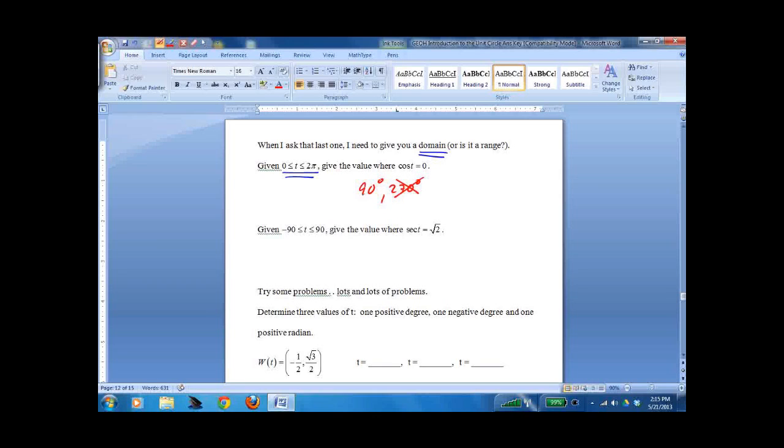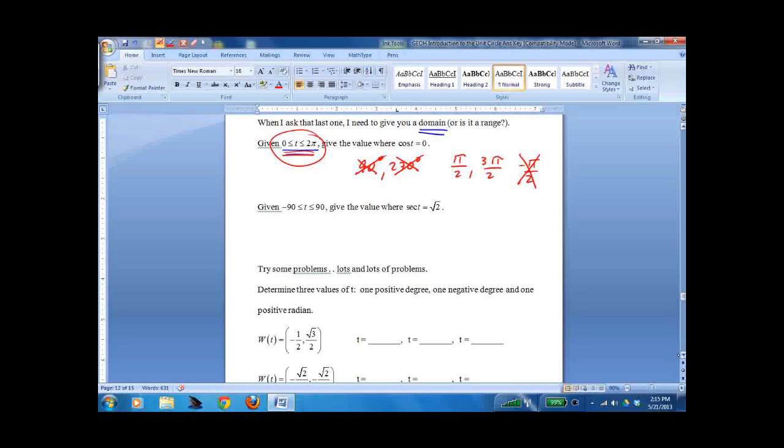And of course these answers would be wrong, because the answer says give it to me between 0 and 2 pi. So I'd have to answer pi over 2 and 3 pi over 2. If I wanted to be a smart guy and say, oh, it's negative pi over 2, it's the same thing, that would be wrong, because it's not between 0 and 2 pi. So you have to be very careful with these problems.